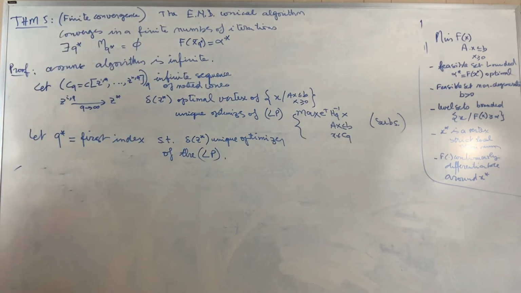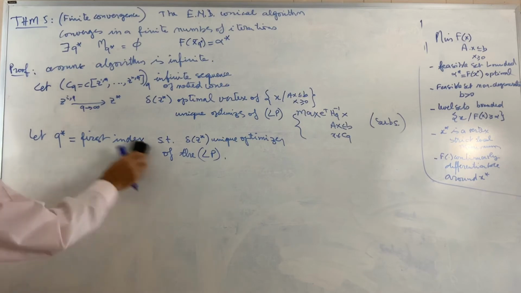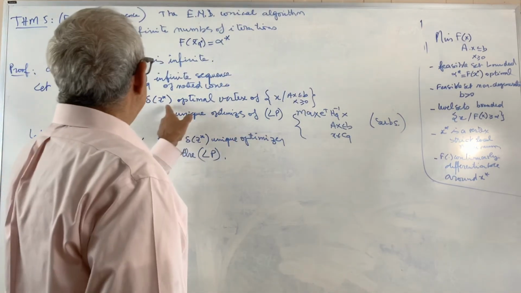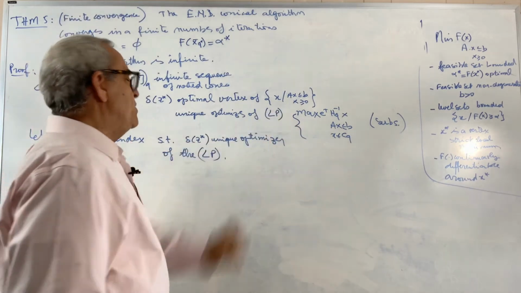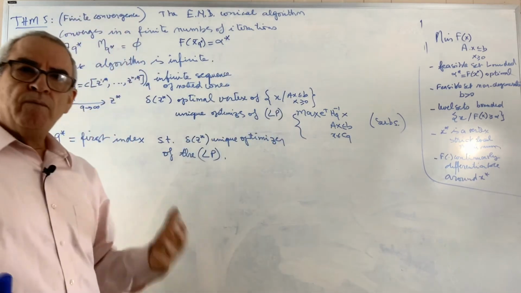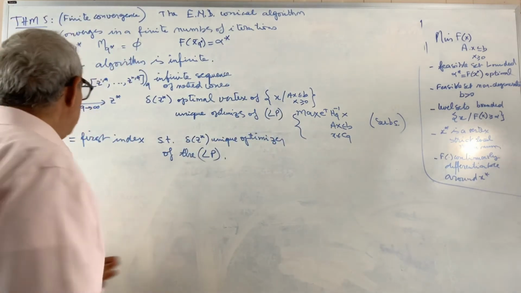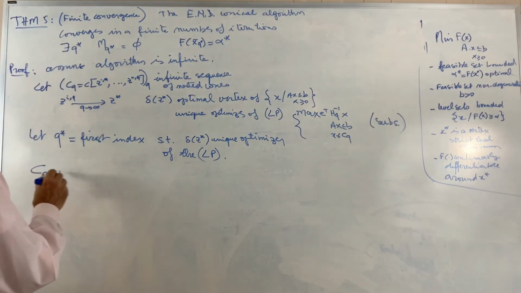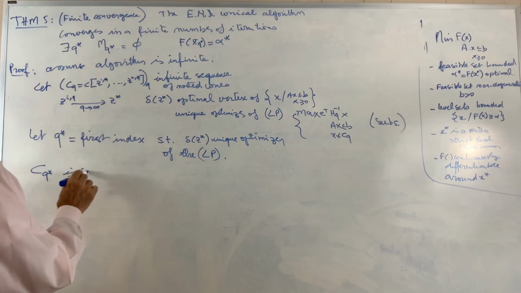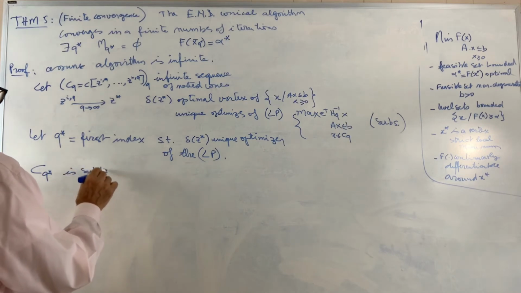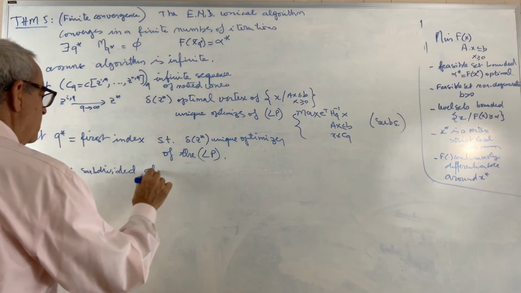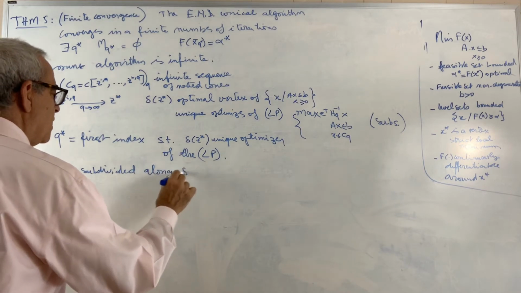Now, since delta of Z star is an optimal vertex of our feasible region, if we look to the definition of the algorithm, CQ star is subdivided along delta of Z star.